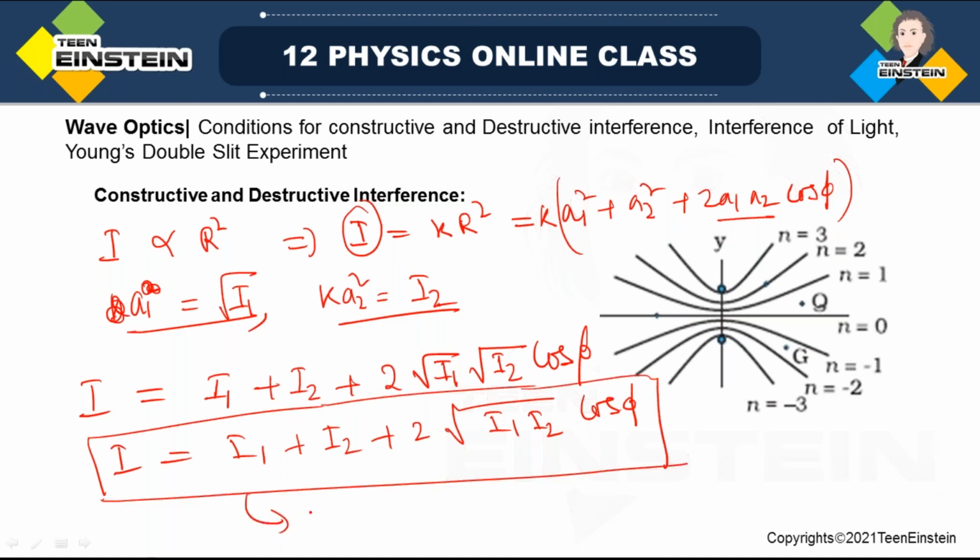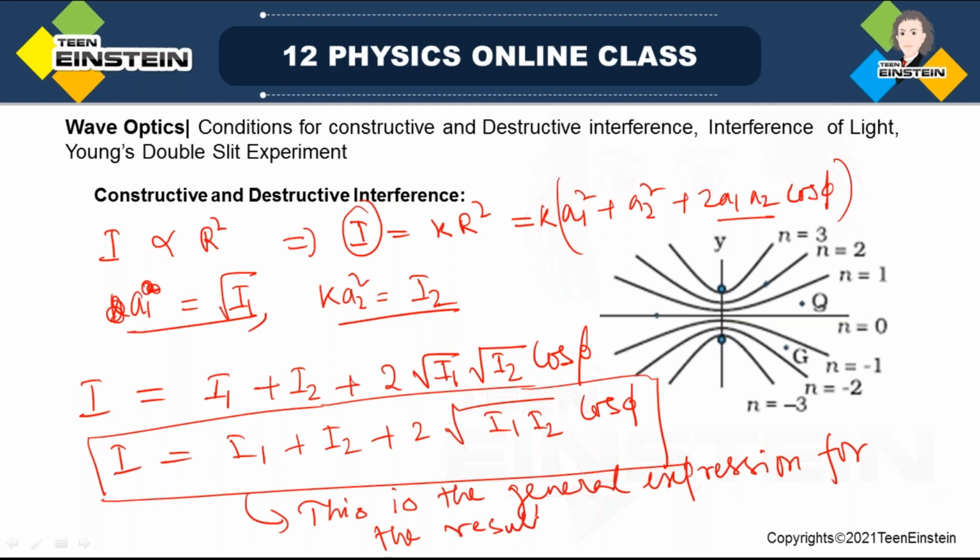I'll write what it is. This is the general expression for the resultant intensity after superposition.